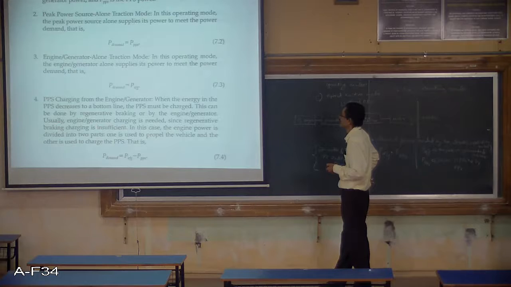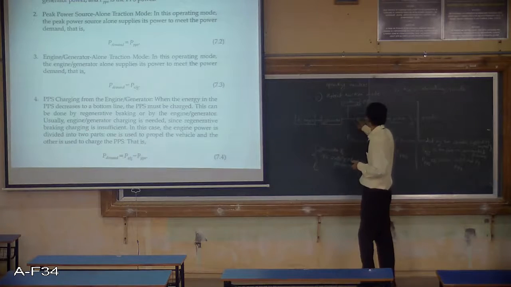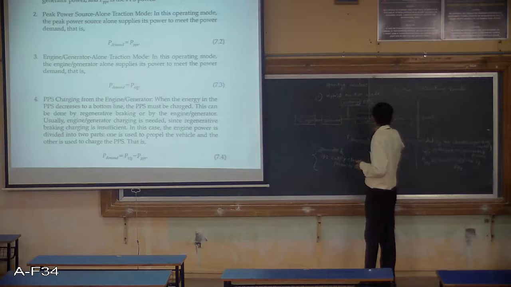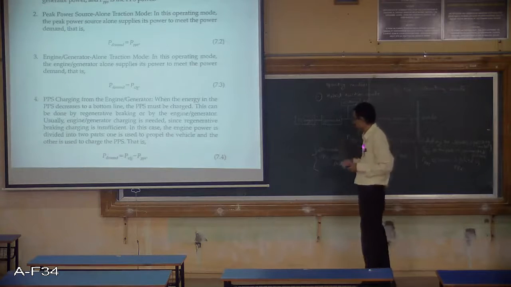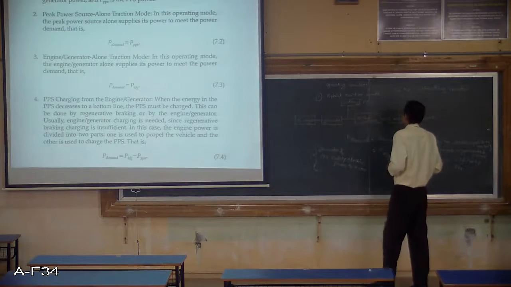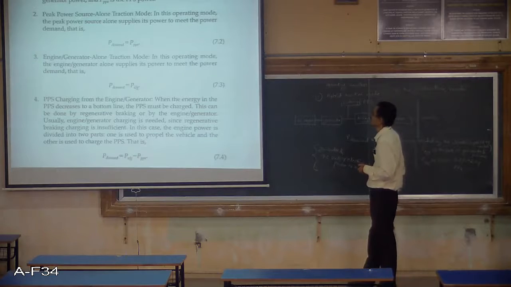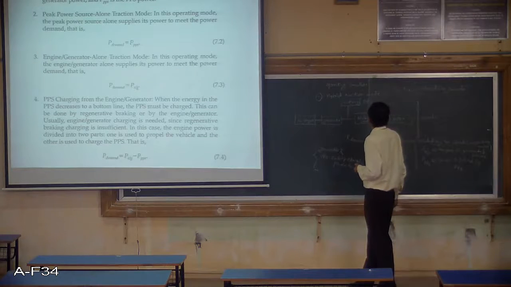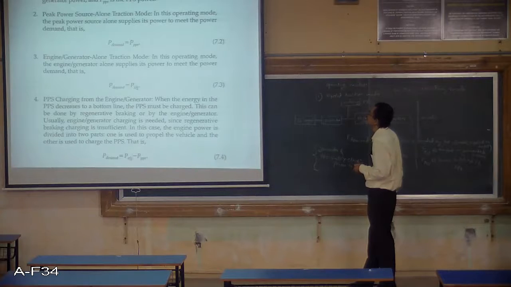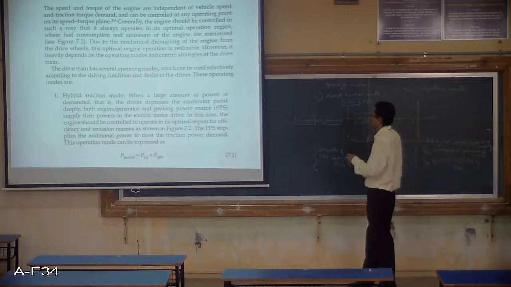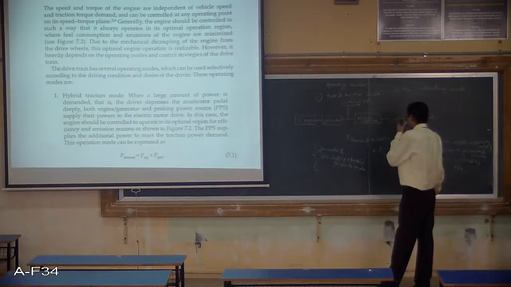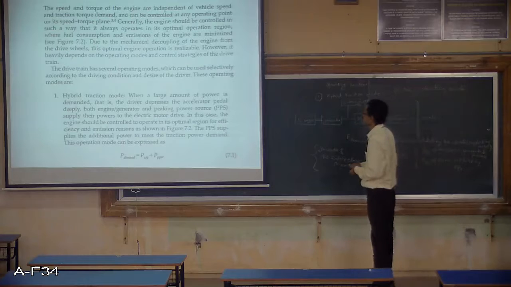So when you are talking about the charging of the battery, this charging from here, because this is regenerative braking, even if you apply from here under the braking conditions. Sorry, here, now it is correct.